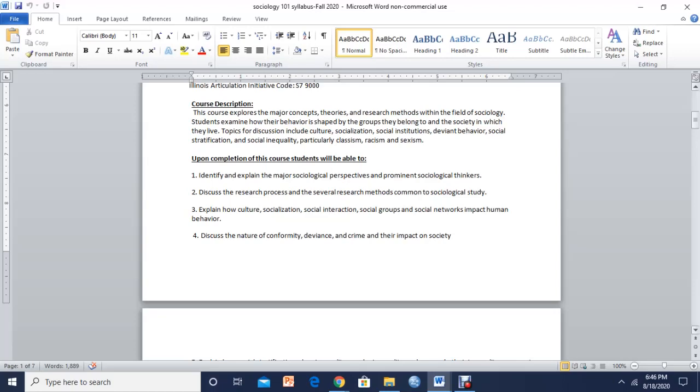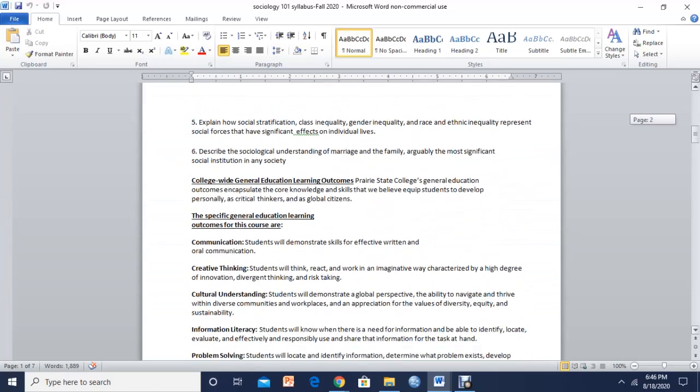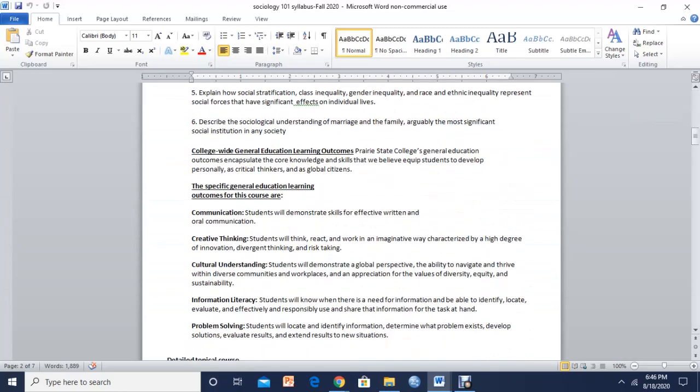We also will be discussing conformity, deviance, and crime, and their impact on society, as well as social stratification: class inequality, gender inequality, and race and ethnic inequality, which represent social forces that have significant effects on our individual lives.